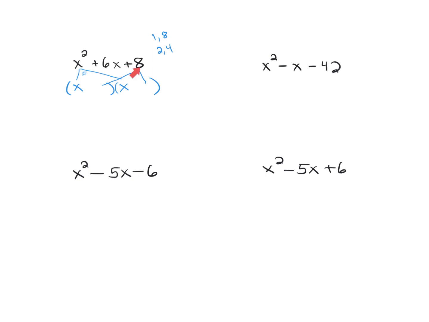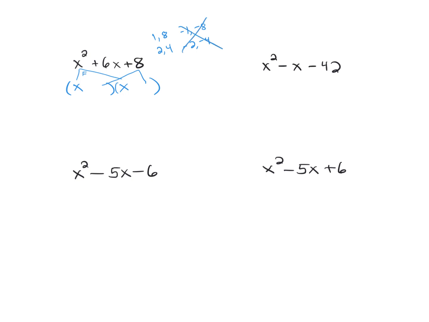So if it's a positive here, I either need 2 negatives or 2 positives. So in other words, I could have -1 and -8, and -2 and -4, because all 4 of these will give me a product of positive 8. But because the sum, the O and the I, is positive, I can just cross these out right away.